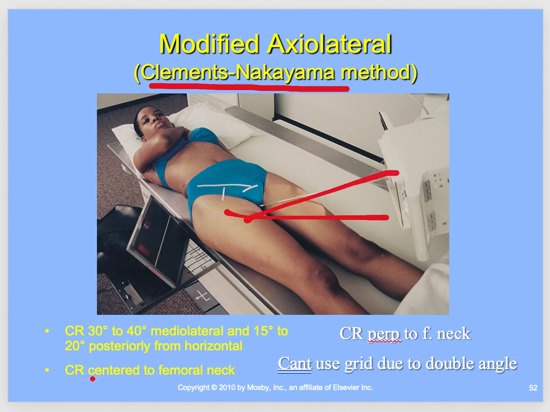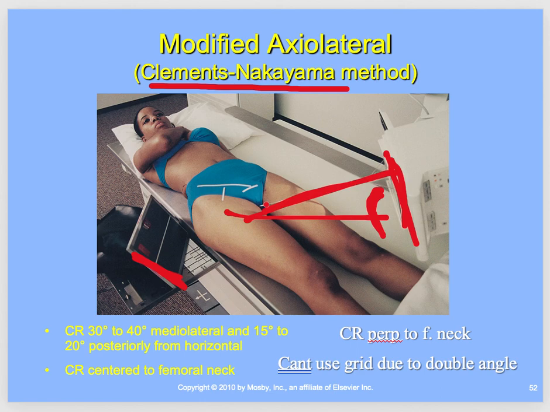Okay, so CR is perpendicular to the femoral neck. Can't use a grid because of this double angle, this angle and this angle. You're not going to be able to use a grid. So this is leaned back here to compensate for this angle here. Okay, and then this here is this angle that's on the tube head this way.